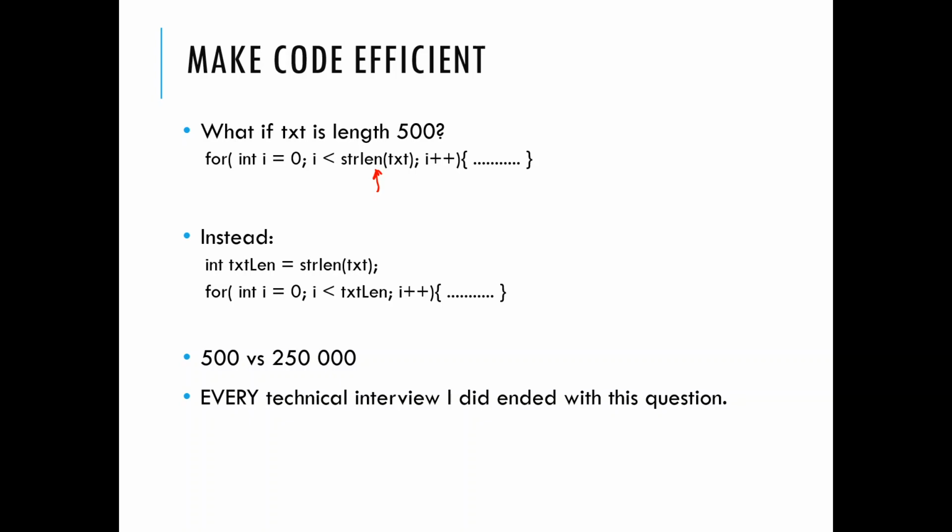I would need to do 500 steps. For each character, I need to go down my string until I get to the null terminating character at the end. So I have to do 500 comparisons every single time I call strlen.